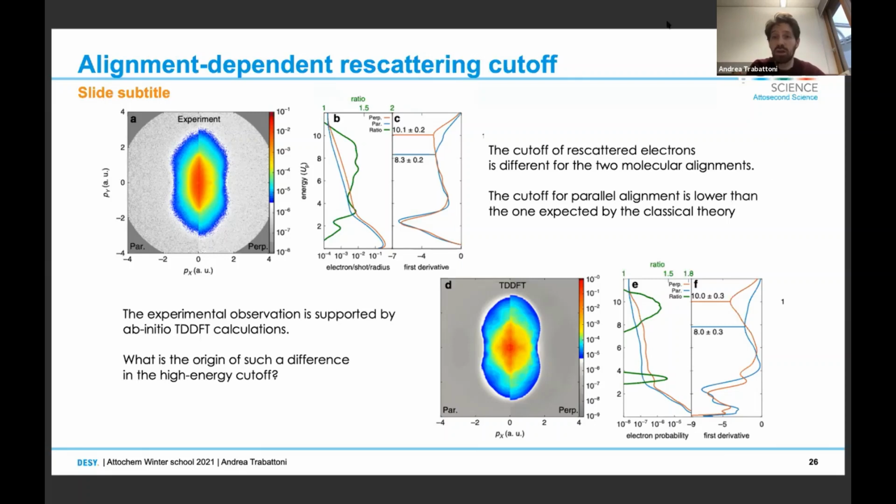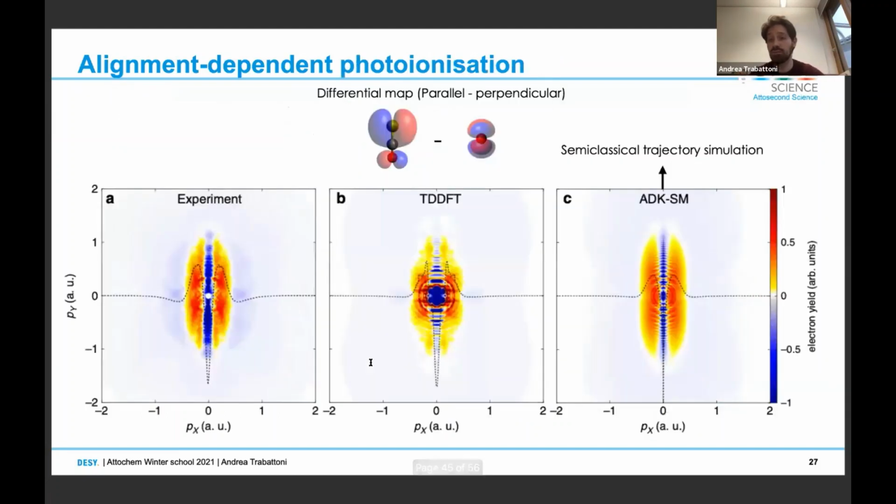So what is the origin of this drop? To try to understand, at the beginning let's focus on the ionization step. So we focused on the low energy region where we have the direct electrons, and we did a differential analysis.